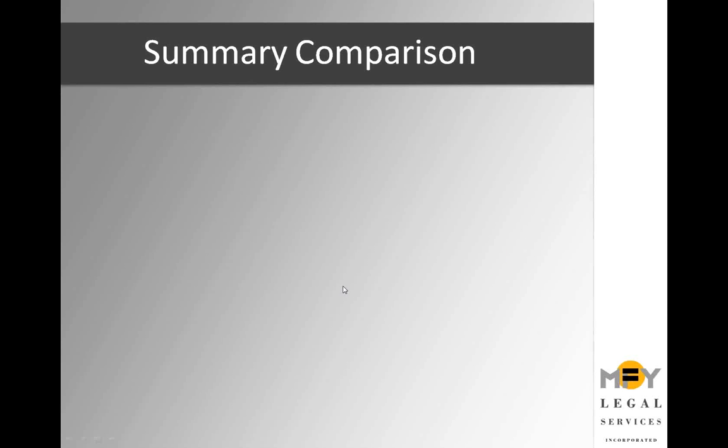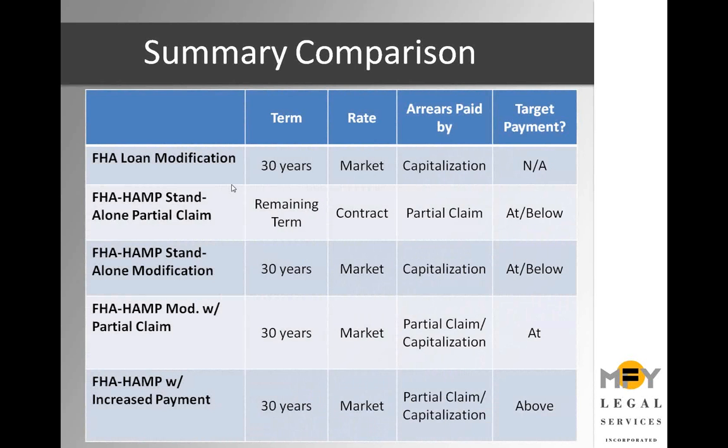Okay, so now I'm going to, in summary, compare the FHA options that are covered in the worksheet. So first of all, there's the traditional FHA loan modification, which has a 30-year term, an interest rate of the market interest rate, which again is the Freddie Mac primary mortgage market survey plus 0.25%. All the arrears in the mortgage, all the missed payments, fees, costs, are paid by capitalizing them into the balance.